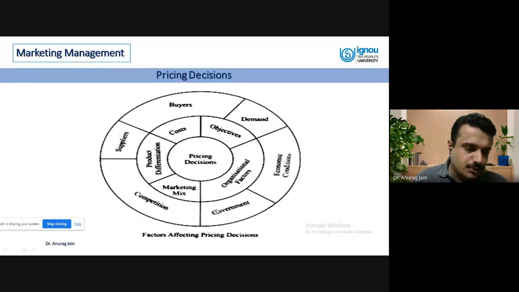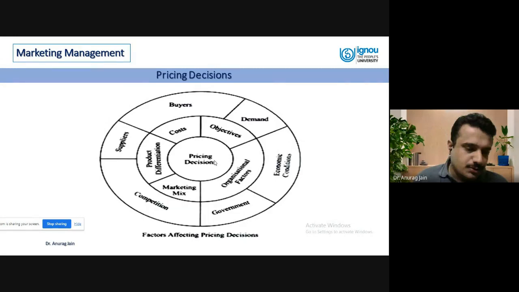But all these factors in the inner circle are, to an extent, controlled by a single marketer, and they can impose control over them. These are dependent upon a single marketer because this is their internal environment factor. So these are the factors which are going to impact your pricing decisions.